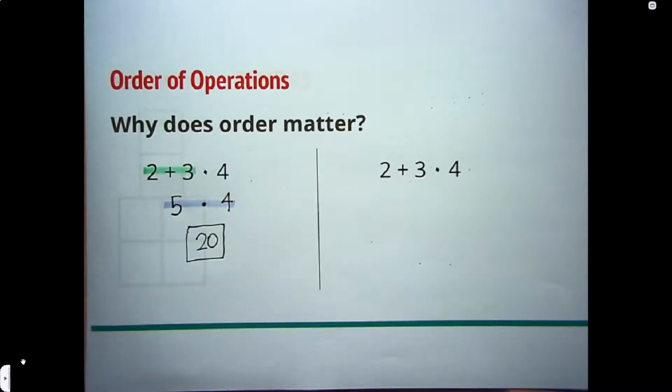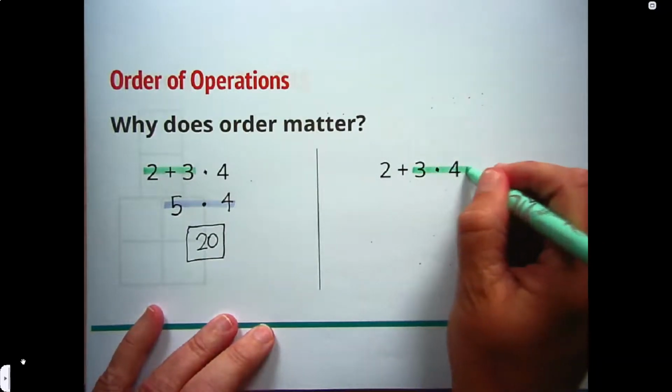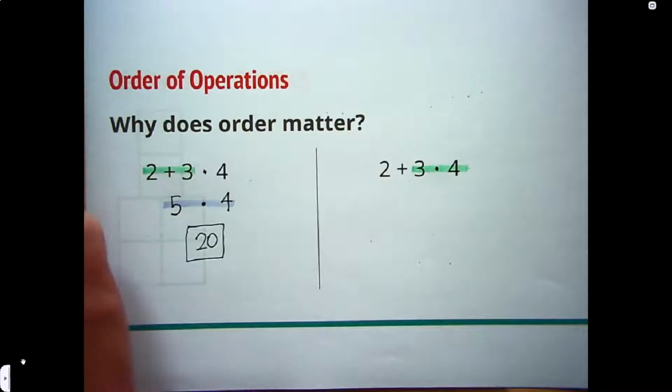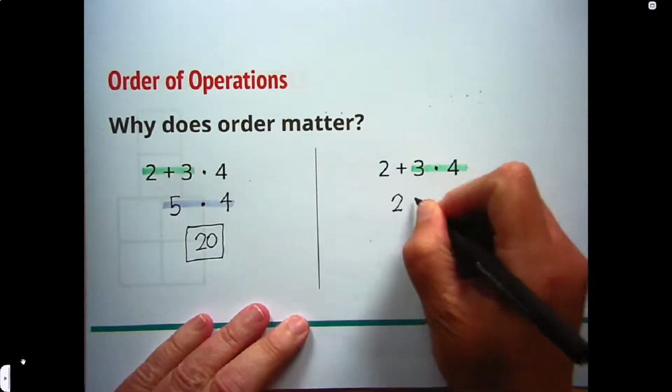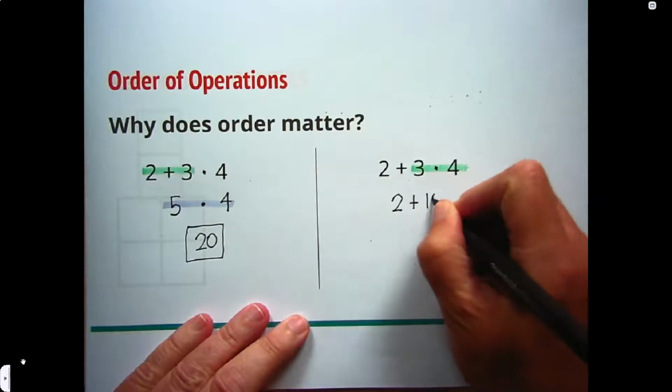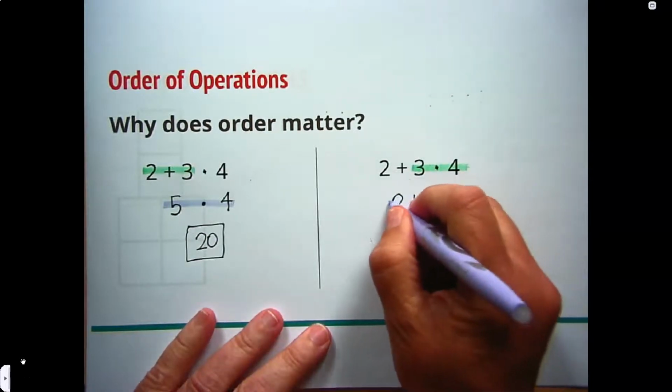Now, let's come over to this second problem, and let's change the order that we do these two operations in. It's the same problem. So what I'm going to choose to do this time is I'm going to do the multiplication first. So the very first thing I'm going to do is the 3 times the 4. So that would make this 2 plus 12. Now one operation left to do, and that is 2 plus 12.